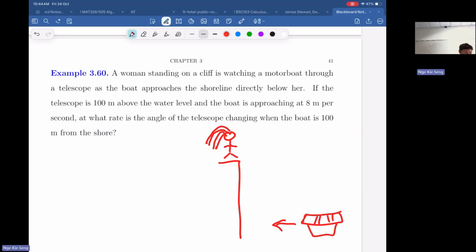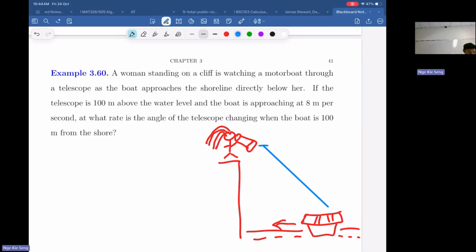Moving to the shore, so there's water here. Let's bring a telescope. So you will see this telescope, let's say, this direction.